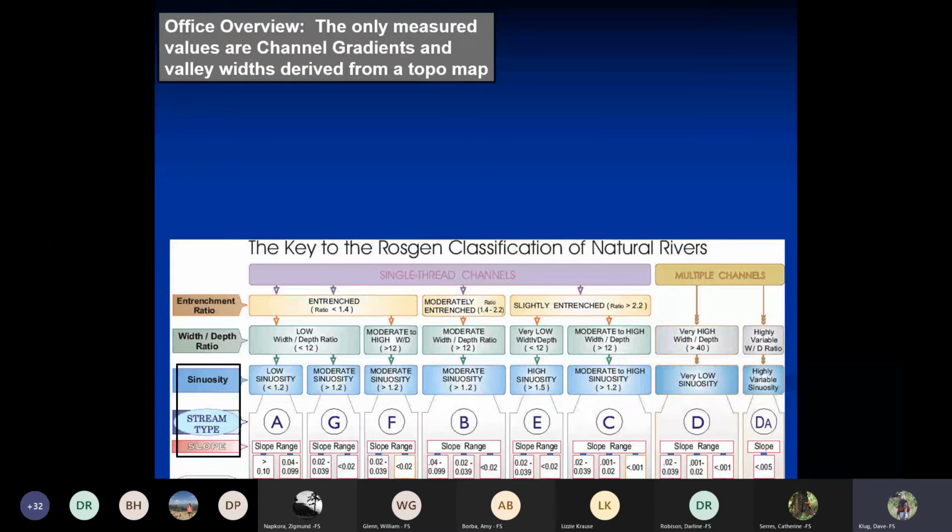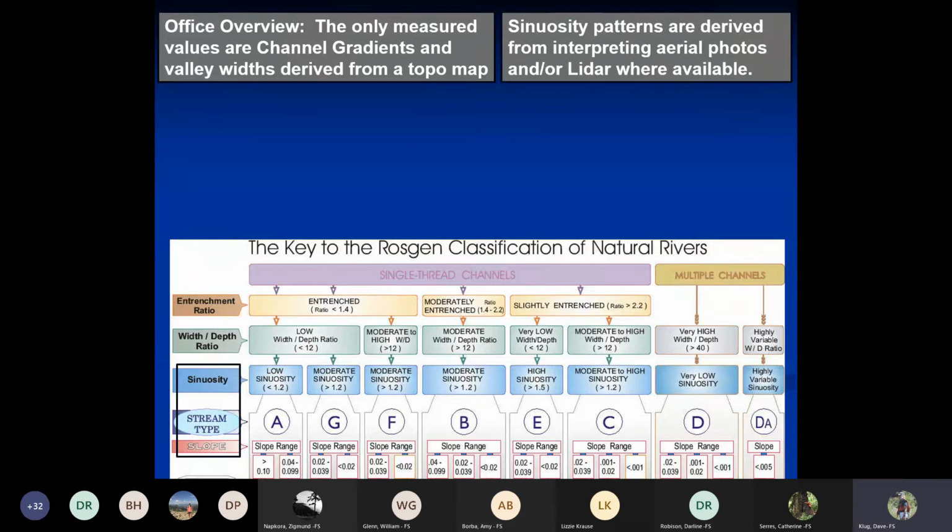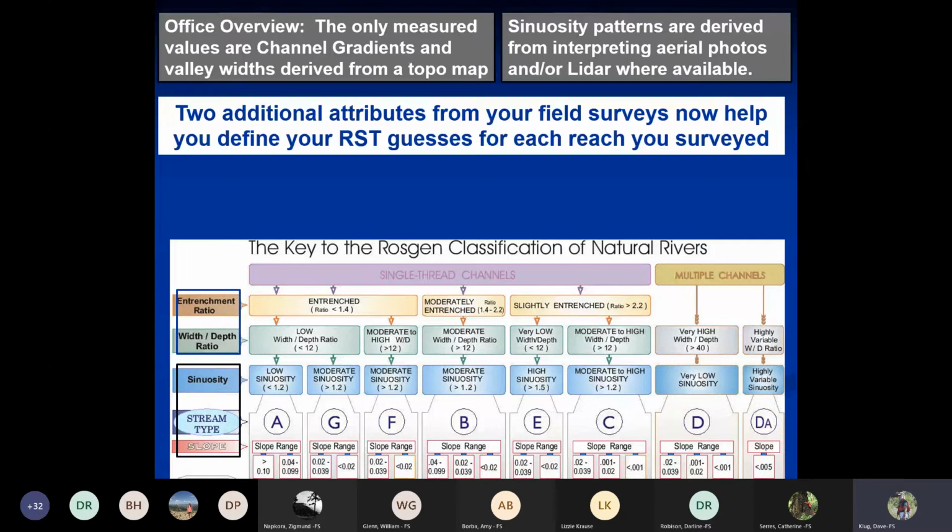You can look at sinuosity patterns and get an idea of what sinuosity might be, but there's no data available for that. So 2 additional attributes from the field can help you refine, define, and nail down your Rosgen stream type guesses, or validate previous Rosgen stream typing for each reach that you surveyed.